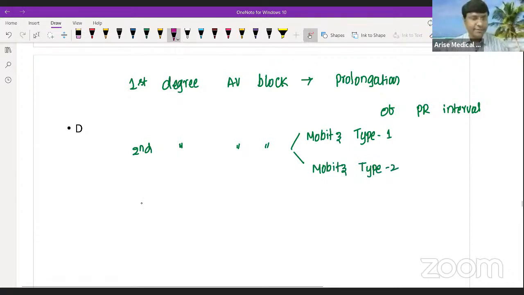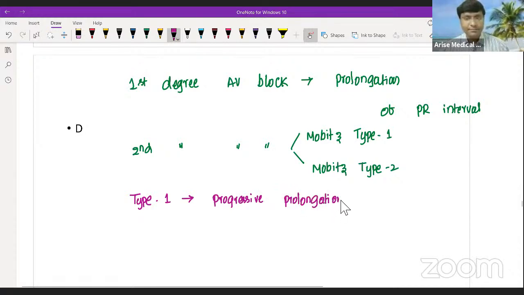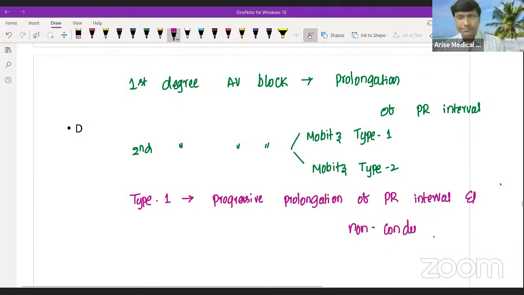In Mobitz type 1, there will be progressive prolongation of the PR interval, and there will be a non-conducted P wave.